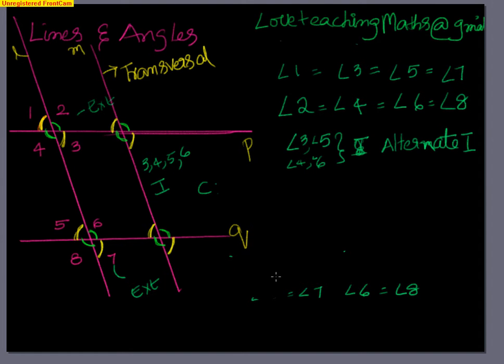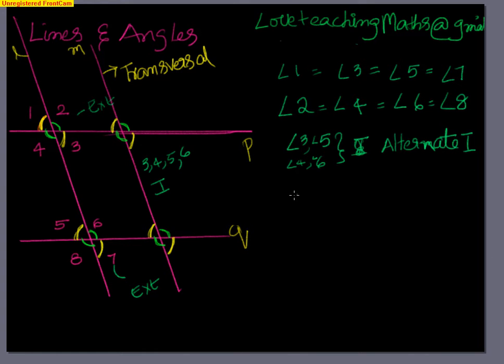Now this is what we have arrived at. We have used corresponding angles and vertically opposite angles, and we arrived at this particular condition that angle 1 is equal to angle 3, which is equal to angle 5. So angle 3 and angle 5, and angle 4 and angle 6, are called alternate interior angles.